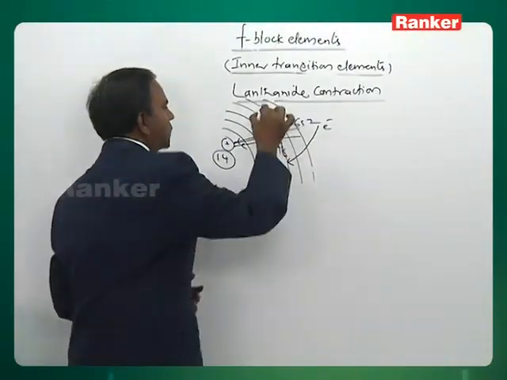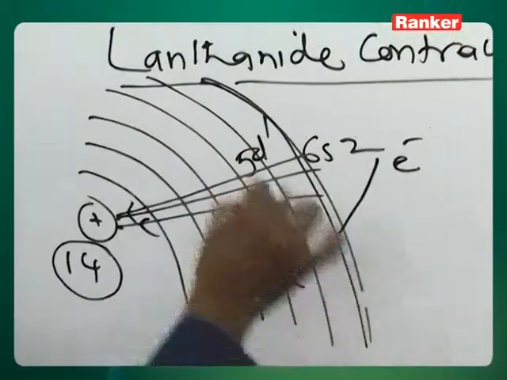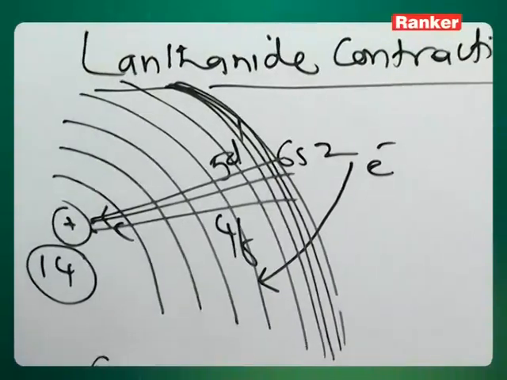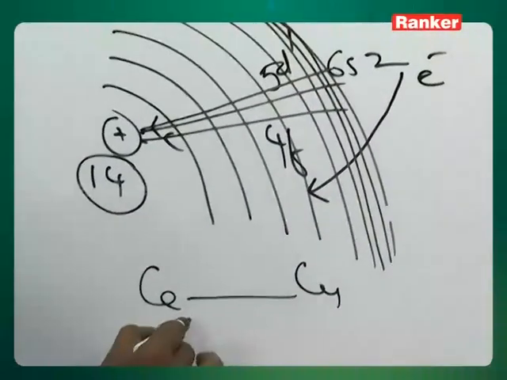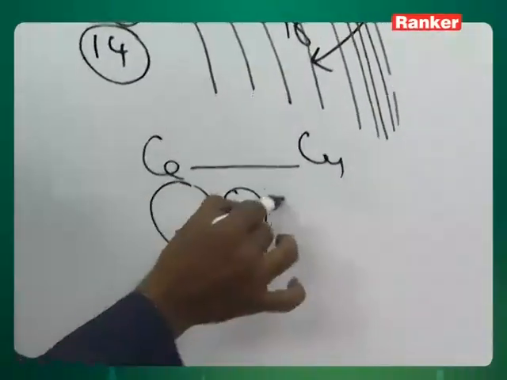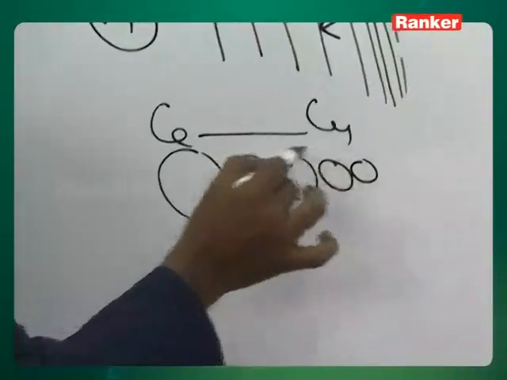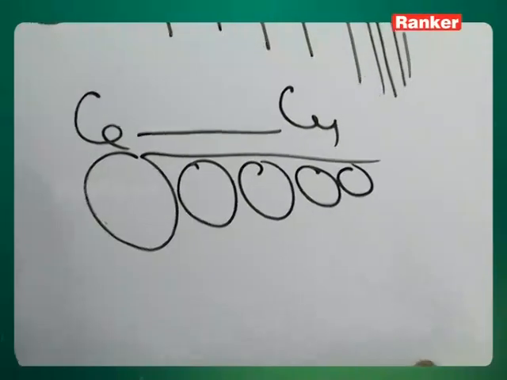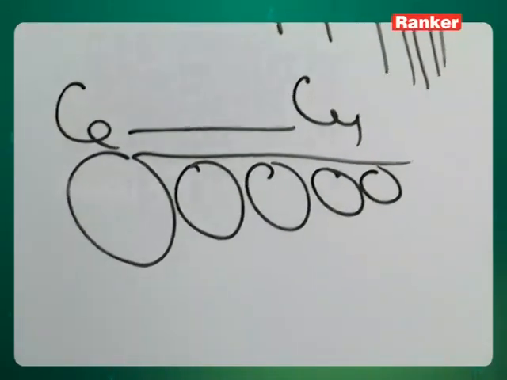By this, atoms are gradually contracting. From cerium to lutetium, atoms show a gradual contraction in their sizes. This atomic size decrease is what we call lanthanide contraction.